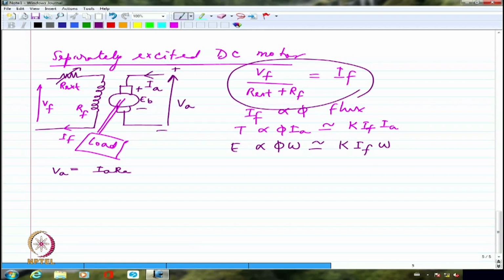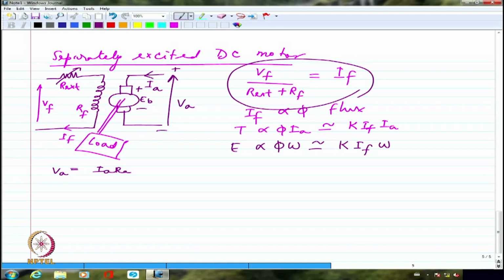You think about it, you have basically a conductor sitting inside the armature. I have applied a voltage. When I have applied a voltage, it is going to carry a current, in all probability an enormously large current, unless I limit it. So it is going to carry a large current and it is going to generate a torque. Because of the torque, it is going to start moving. When it is moving, the same conductor, which is actually sitting in a magnetic field and it is moving, will have an induced EMF.